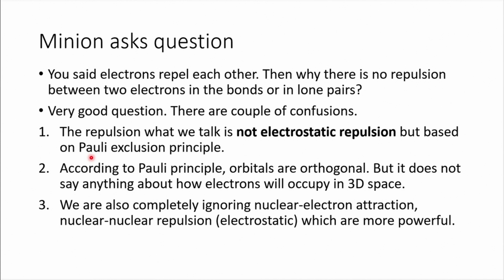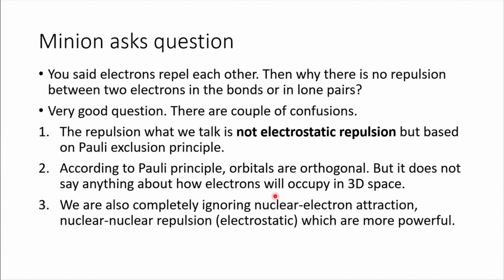So what is this Pauli's exclusion principle? According to this principle, orbitals are orthogonal. In other words, orbitals are perpendicular to each other. But it does not say anything about how electrons will occupy a 3D space. That is the major thing, because the VSEPR theory is based mainly on this Pauli's exclusion principle only.